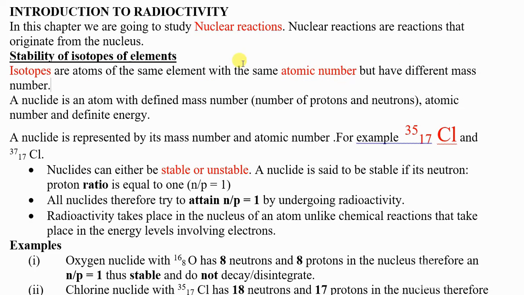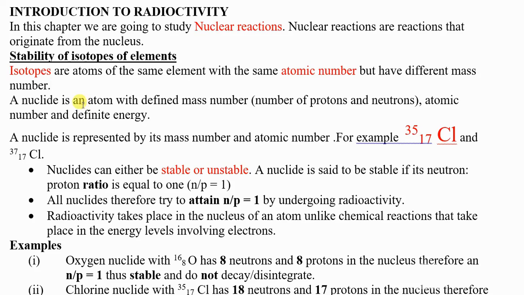Actually, when the neutrons are different, this is what makes the mass number different. Remember, mass number equals the number of protons plus neutrons, the sum. Remember that. It is important to understand what an isotope is.